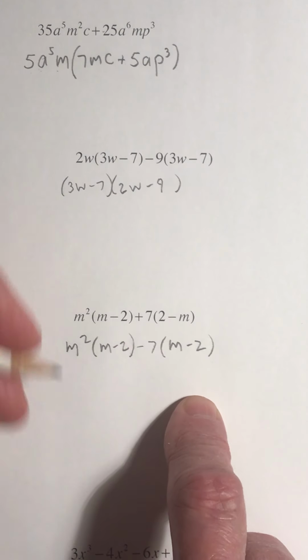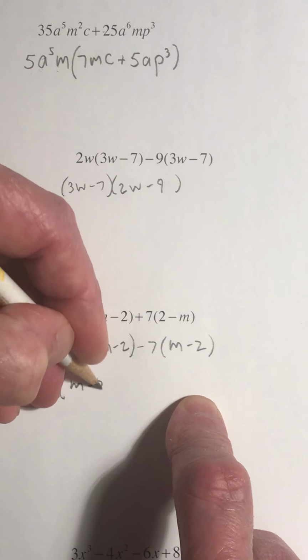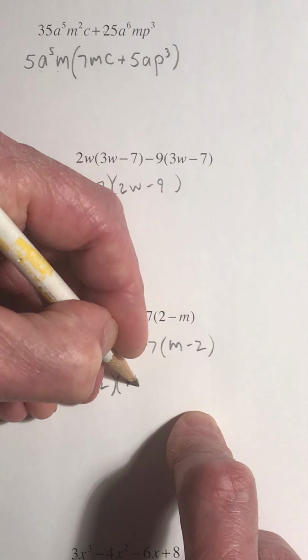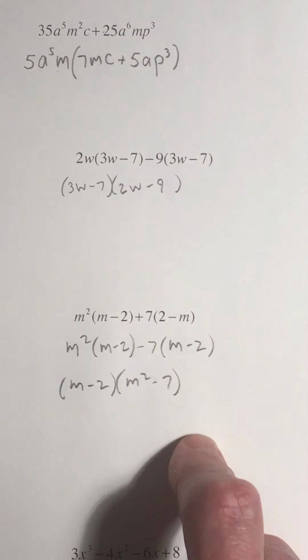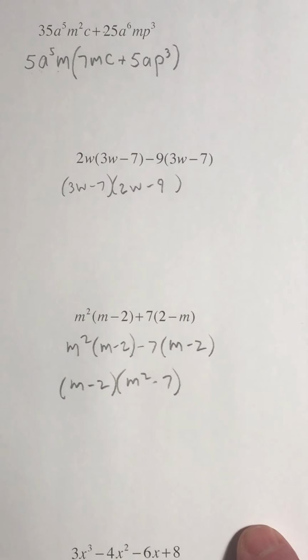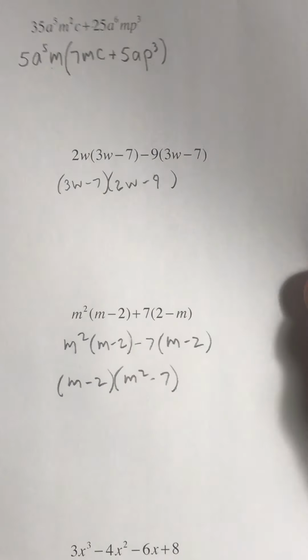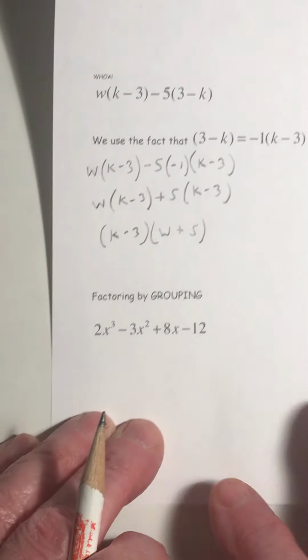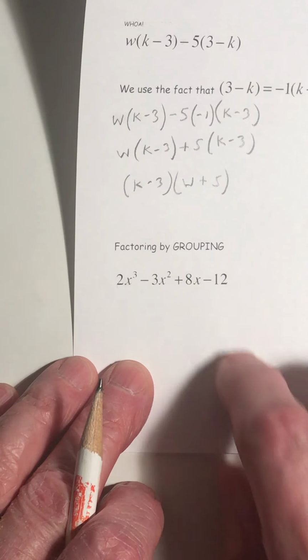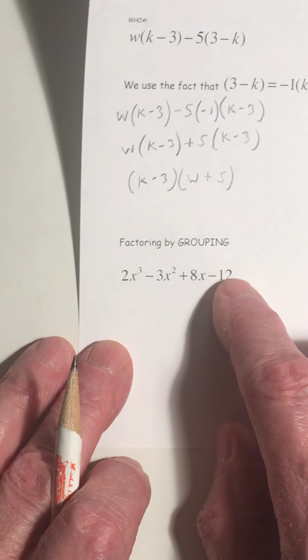And now I've got a match, and I can write m minus 2 times m squared minus 7. All done. And that brings us to where we can now try something called factoring by grouping.